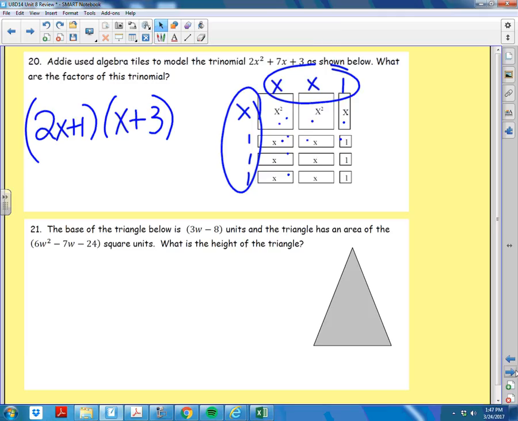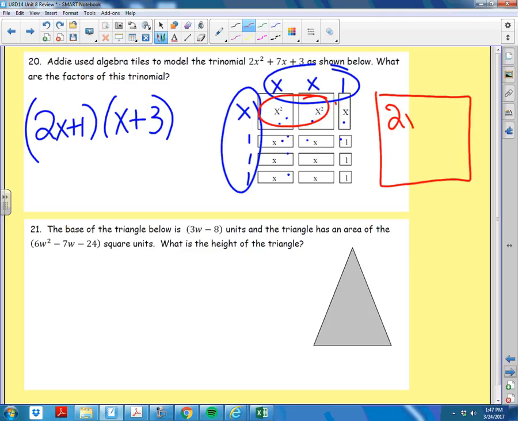But I will also tell you, if you converted this to the box, you could, because what you have is 2x squared, 1x, 6x, and 3. You could have done that too. Yeah, it's a lot like that too.